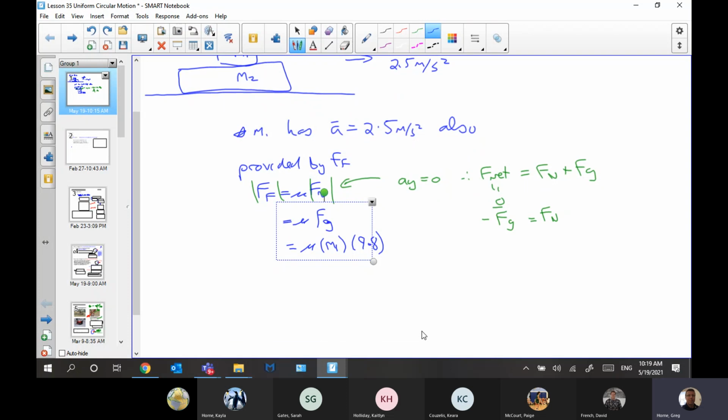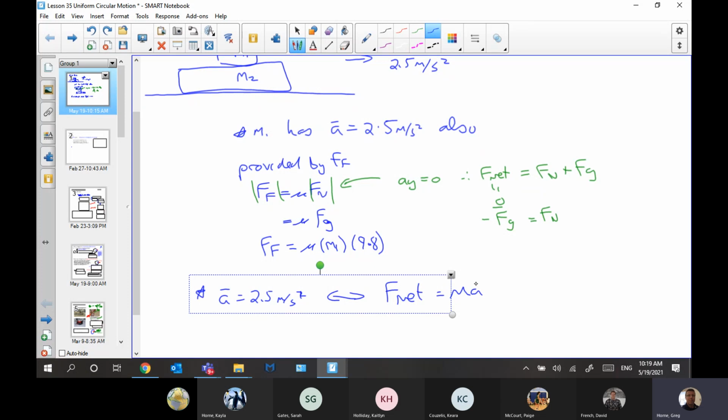So that's our friction force, FF. Then acceleration equals 2.5 meters per second squared, as we've said, and we know that F net equals MA. Notice right away that you're going to have an M1 in the FF, and you're going to have an M1 in the MA too, the mass 1.